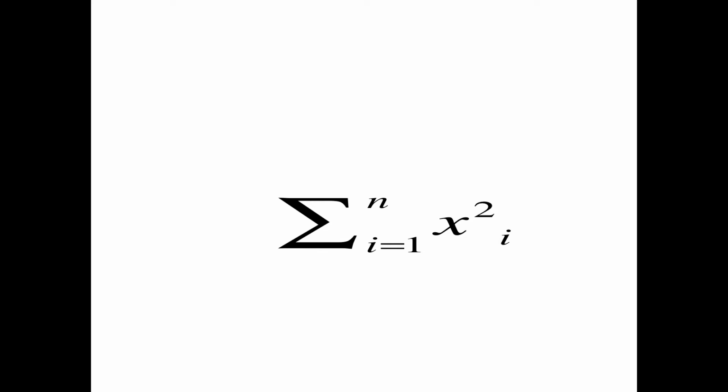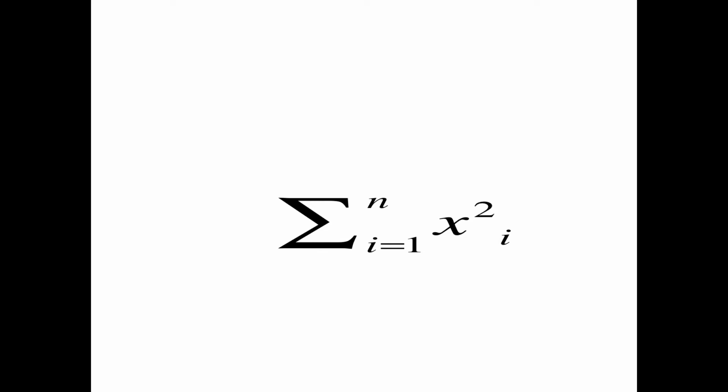So this symbol, sum, says to go over whatever indices are indicated here. So I'm looping over i that goes from 1 to n and summing these things up. This is assuming I have a vector x that has n elements, x1, x2, x3, and so forth up to xn.